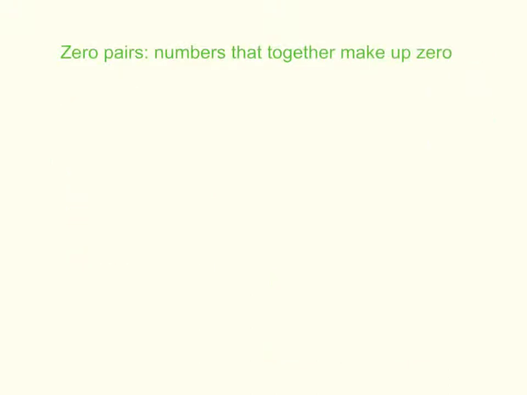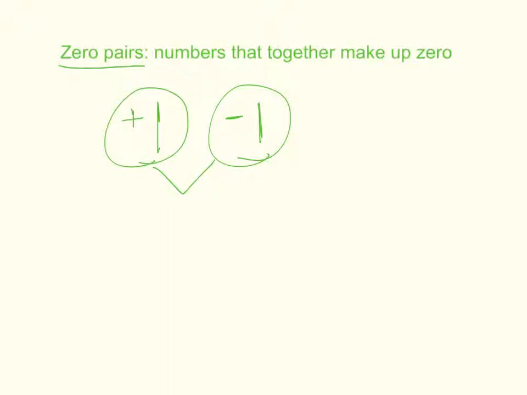The last term that we're going to talk about today, and we're going to use it in class, is zero pairs. So write zero pairs. Make sure that you underline it because it's a new term. And zero pairs are numbers that together make up 0. So for example, if I have a +1 and I put it with a -1, when I put those together, I get 0.